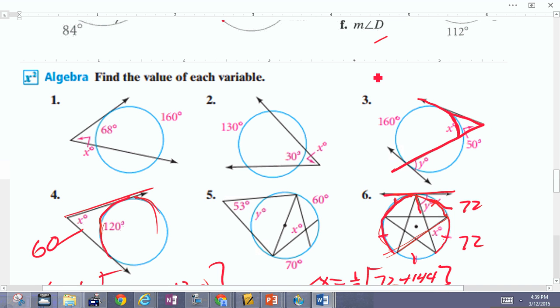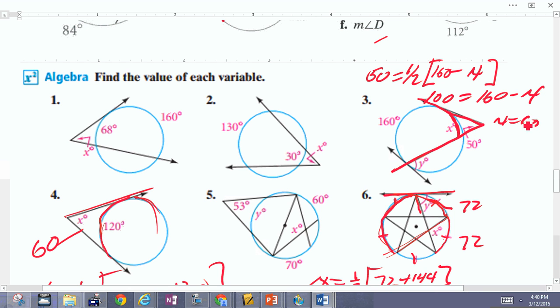So the exterior angle, which is 50, is equal to 1/2 the arc furthest away, which is 160, minus the arc closest, which is the unknown, which is x. Okay, double both sides, that's 100, is equal to 160 minus x. Okay, so I guess x is going to equal 60. That's 60.